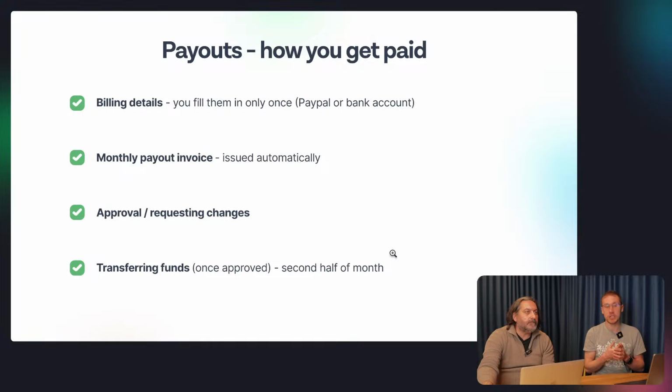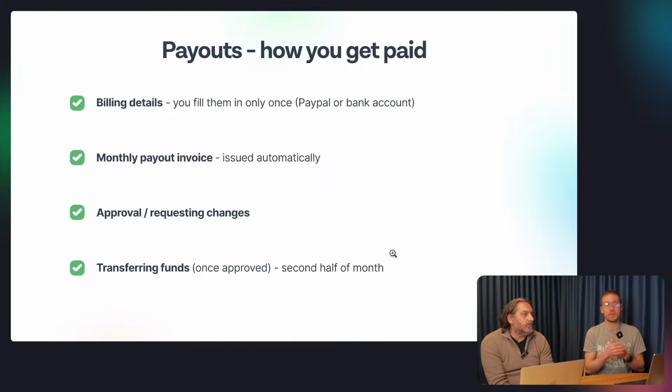Once that payout is issued, you will receive an email, and you can go to the platform, and there you have two options. You can either request some changes, so basically say that I don't understand this, or please can you clarify this, and we will get back to you.